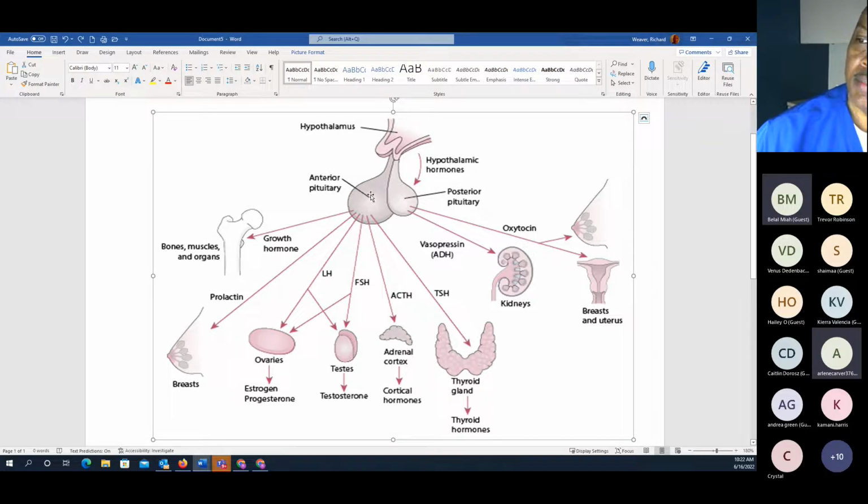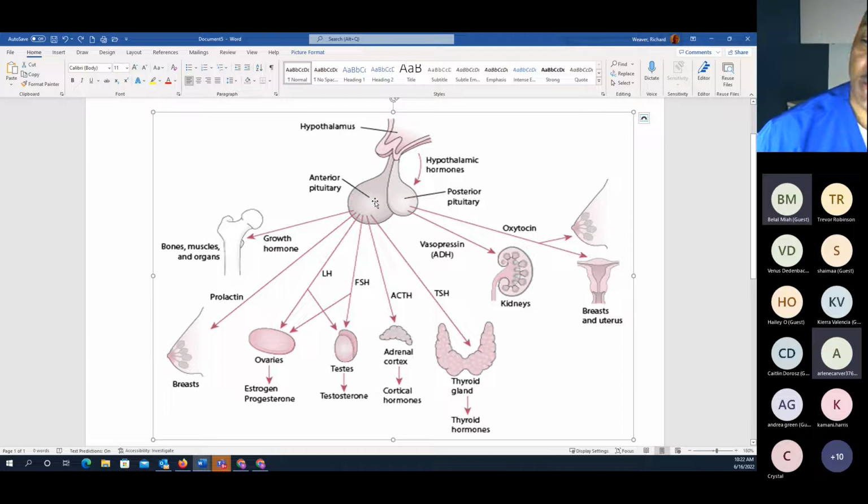So let's talk about the thyroid gland, for example. If there's not enough thyroid hormone levels in our body, the anterior portion of the pituitary gland is going to secrete TSH, thyroid stimulating hormone.